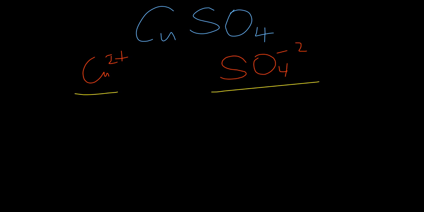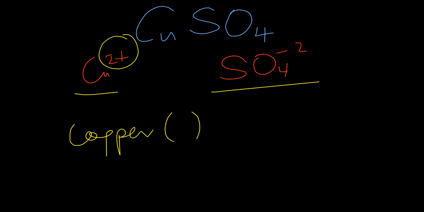So we start with copper. But remember, copper is one of those elements with variable oxidation state. So we need to bring our bracket or parenthesis with the oxidation state of the copper. Here in this case, the oxidation state of the copper is the charge on this copper, which is 2, so we show that. So we are done with the copper.